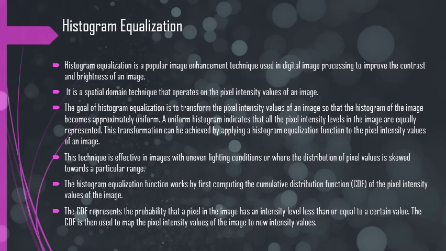A uniform histogram indicates that all the pixel intensity levels in the image are equally represented. This transformation can be achieved by applying a histogram equalization function to the pixel intensity values of an image. This technique is effective in images with uneven lighting conditions, or where the distribution of pixel values is skewed towards a particular range.